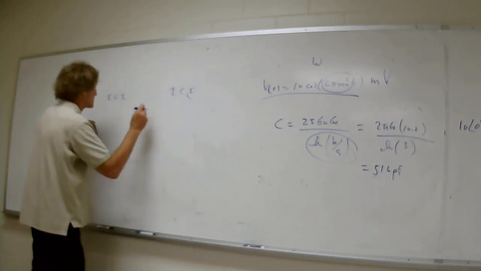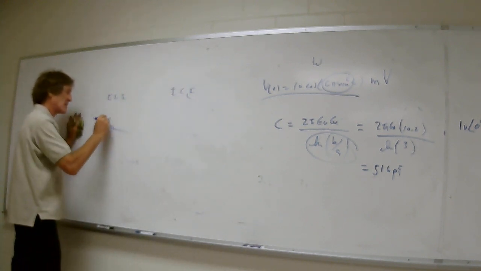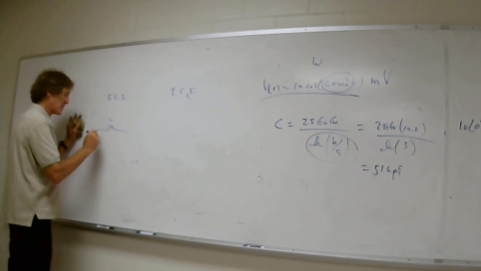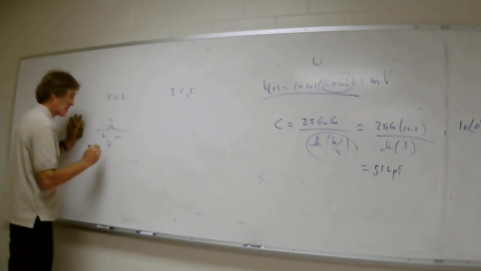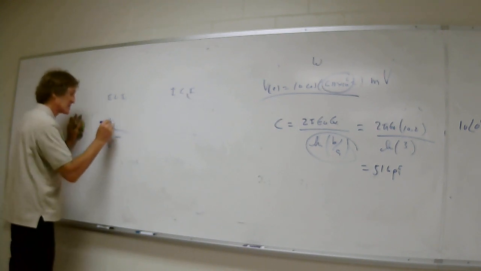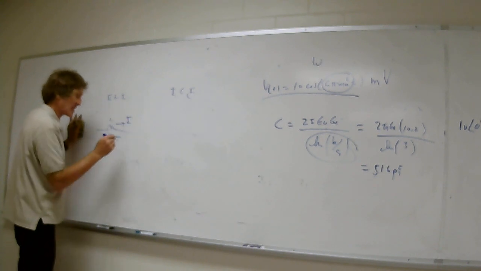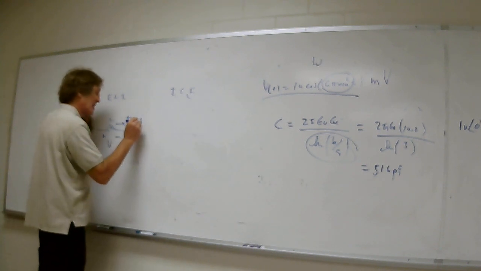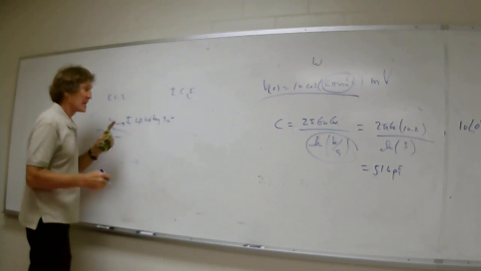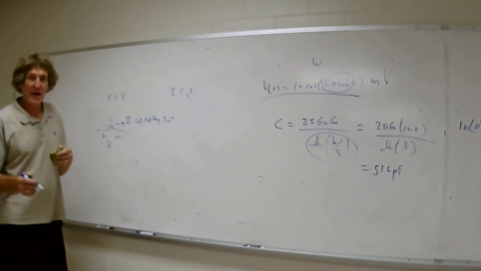Okay? So L is a symbol for inductors, right? And what they're going to say is, on this one, the voltage on an inductor is going to lead the current by 90 degrees. So it means the current here is going to lag by 90 degrees. Here, ICEman, the C means capacitor.